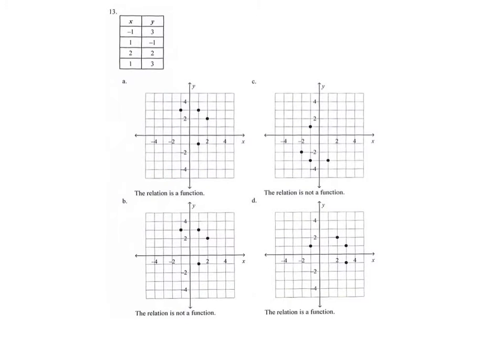Number 13, going to do the same thing. So I'm looking for -1, 3. So that means I go right 1 or left 1, up 3. That worked. Now I'm doing right 1, down 1.